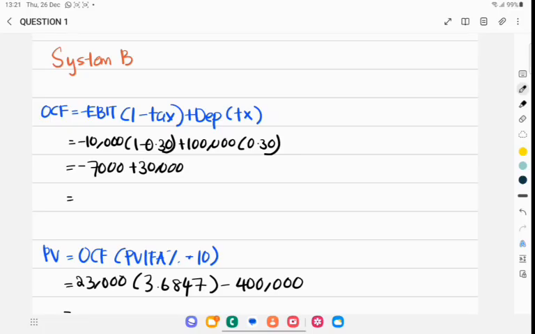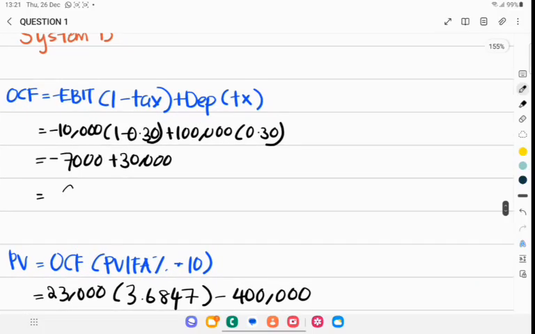Okay, next we will calculate the OCF for system B. The formula is OCF equals negative EBIT multiplied by 1 minus tax rate, plus depreciation multiplied by tax rate. So negative 10,000 multiplied by 1 minus 0.30, plus 100,000 multiplied by 0.30. So negative 7,000 plus 30,000. The answer is 23,000.